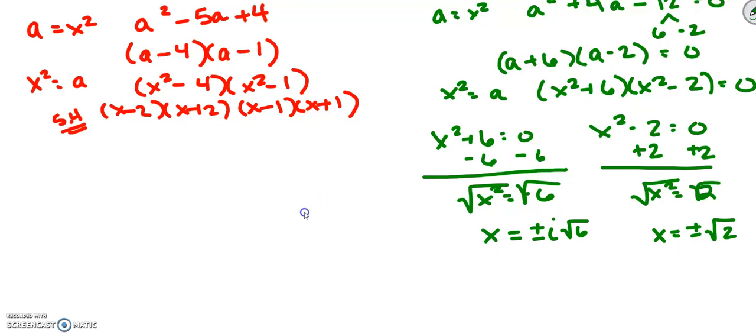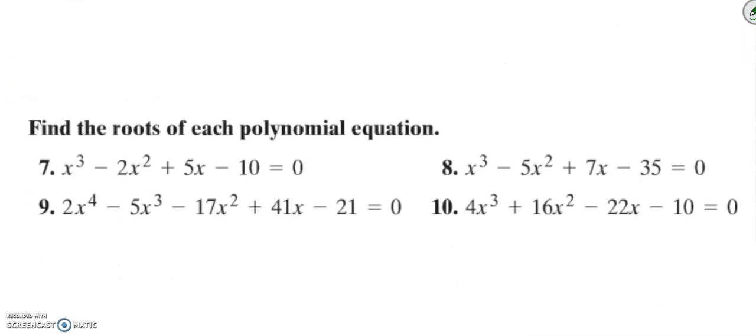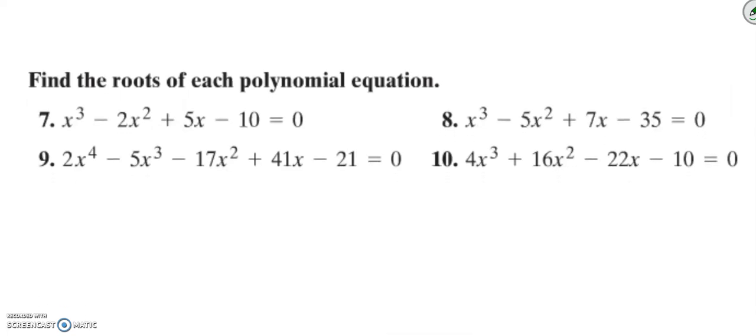Alright, let's go ahead and get to 6.5 and finish this up. We have 2 questions from 1 through 6, and one is going to be where you list just your possible roots. The other one is going to be where you actually test them and find them. And then 7 through 12 is finding the roots of the polynomial equation, where you are going to be given one of those roots and then you have to use synthetic division to find the remaining roots and possibly the quadratic formula.